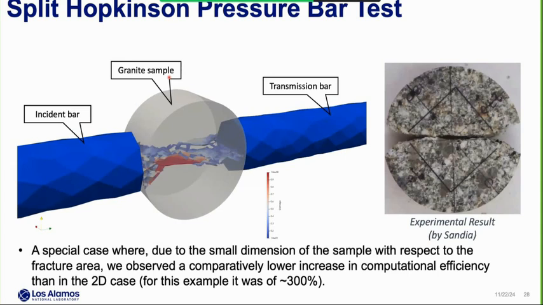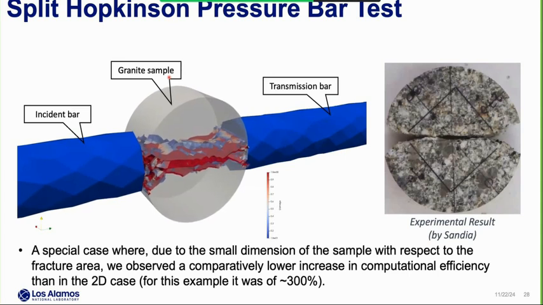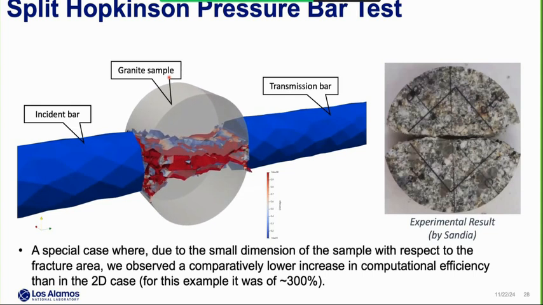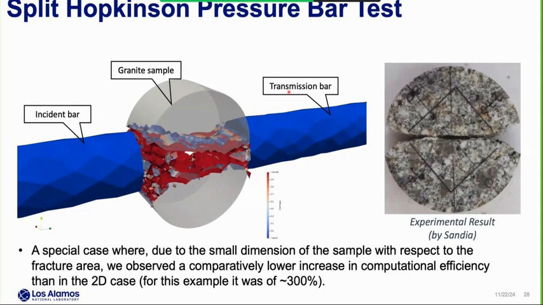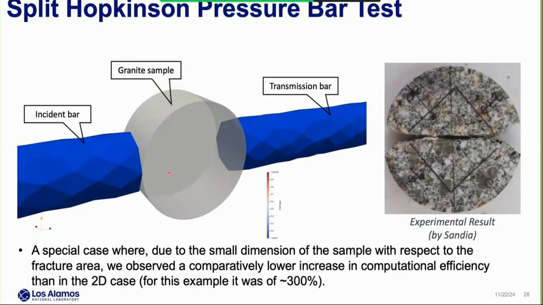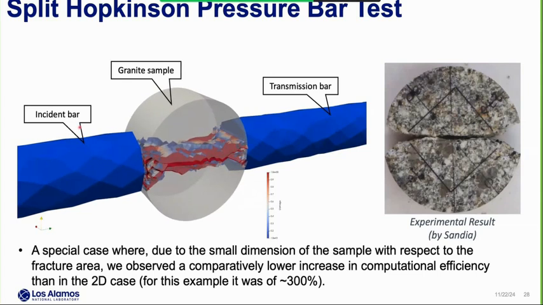This is the simulation of the split Hopkinson pressure bar test, and this is the one that I mentioned at the beginning of this briefing. As shown in this animation, we put the granular sample between two steel bars, one called the incident bar, and the other the transmission bar.